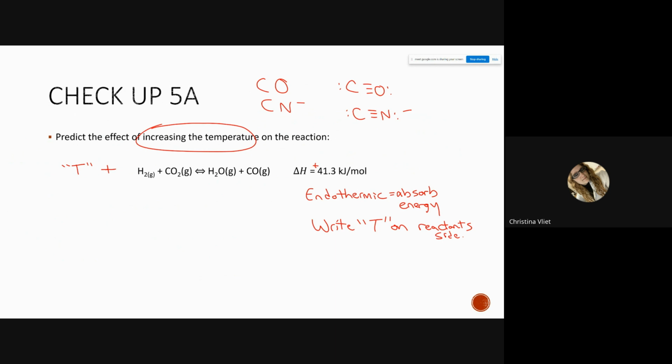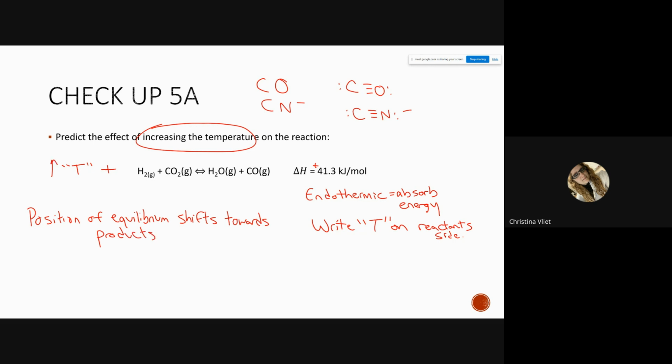What is the effect? The equilibrium changes. How do we answer the question? Position of equilibrium shifts in which direction? Correct. Because you're adding temperature, you're adding energy to the reactant side.